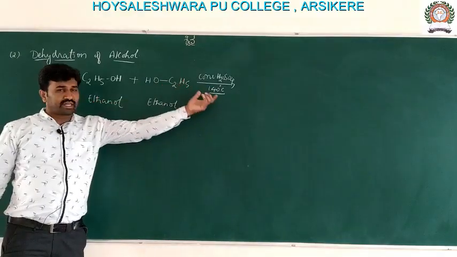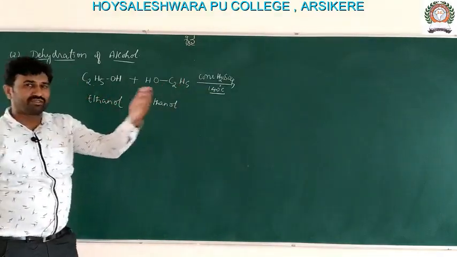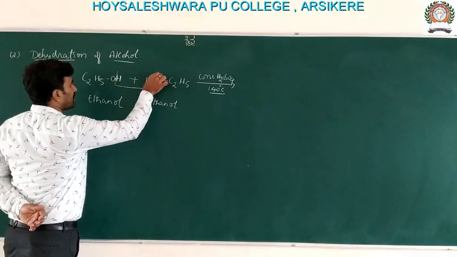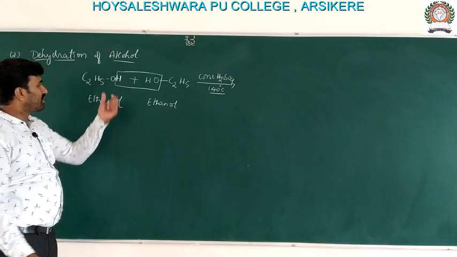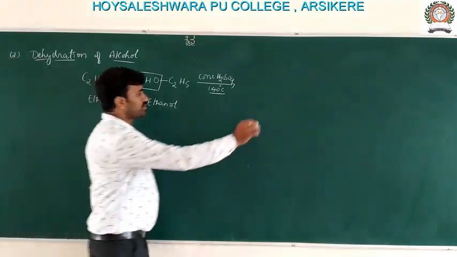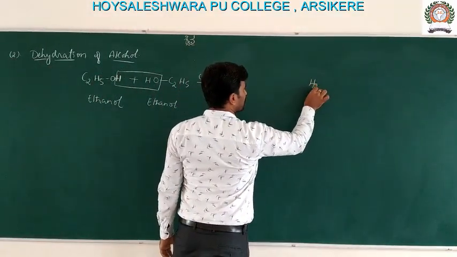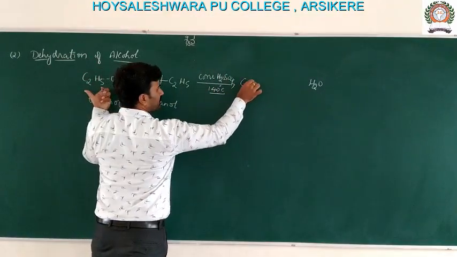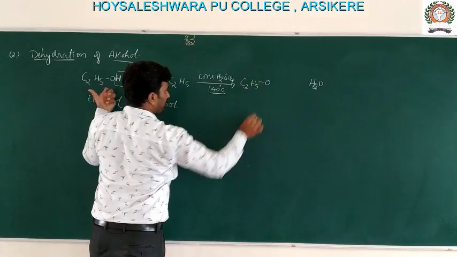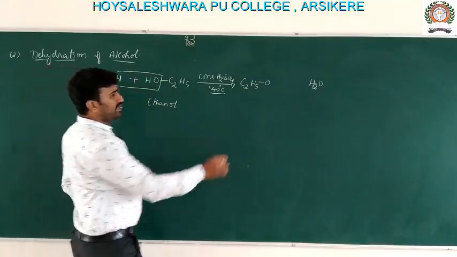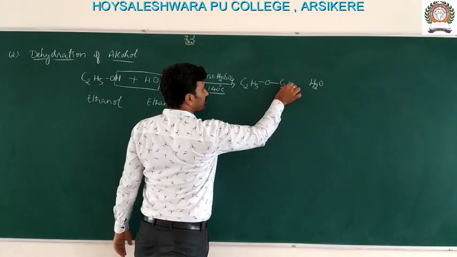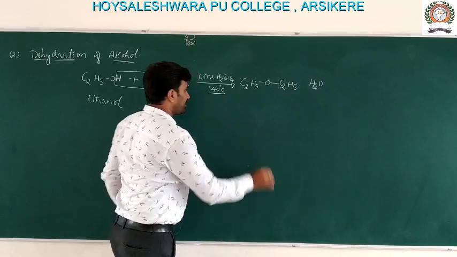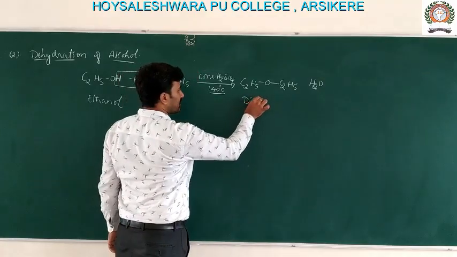At this condition, two molecules of ethyl alcohol react with each other with the removal of a water molecule: H and OH combine to form H2O, and the remaining parts you write as such, C2H5O and C2H5. With two ethyls, that is diethyl ether.